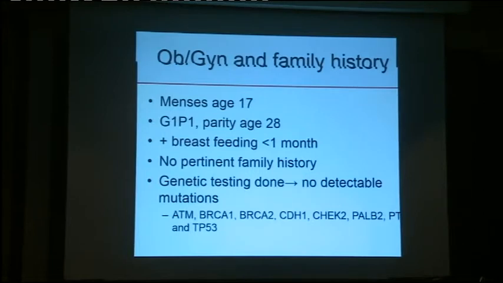So this is her clinical history. She does not have any pertinent family history, and she had genetic testing done before she came to MD Anderson, and no detectable mutations were identified. Question for you, Dr. Arun.